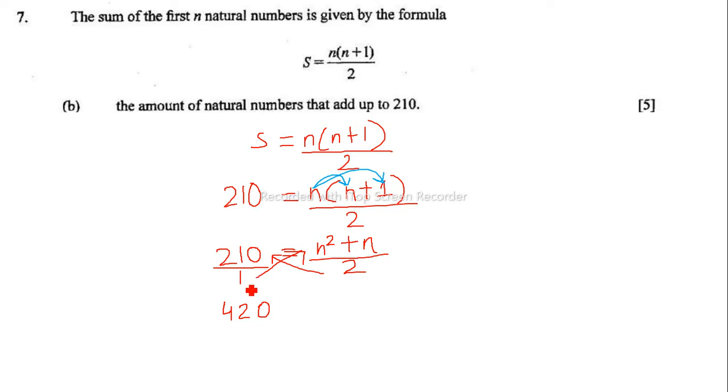And we have 1 times n squared plus n. What did that give us? The same thing, n squared plus n. Good. And so here we have n squared plus n equals 420.